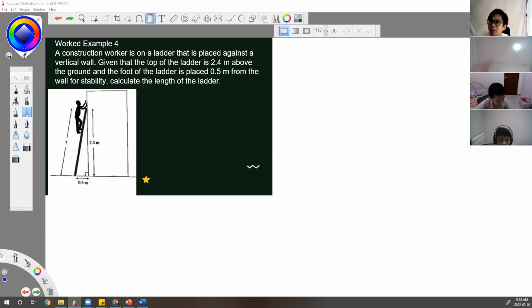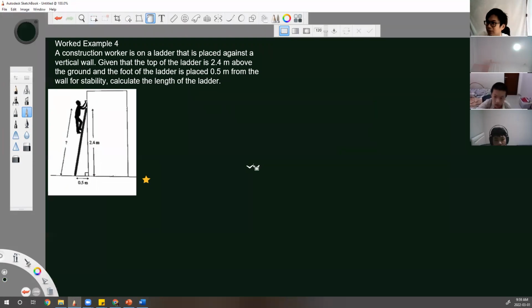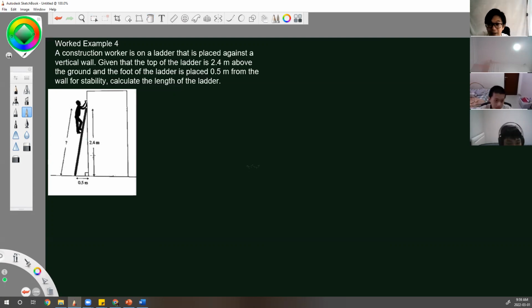Okay, now let's do the working. To find the length of the ladder, we know that the length of the ladder is the hypotenuse, right? So L square equals ground square, the ground level, plus the height of the wall.